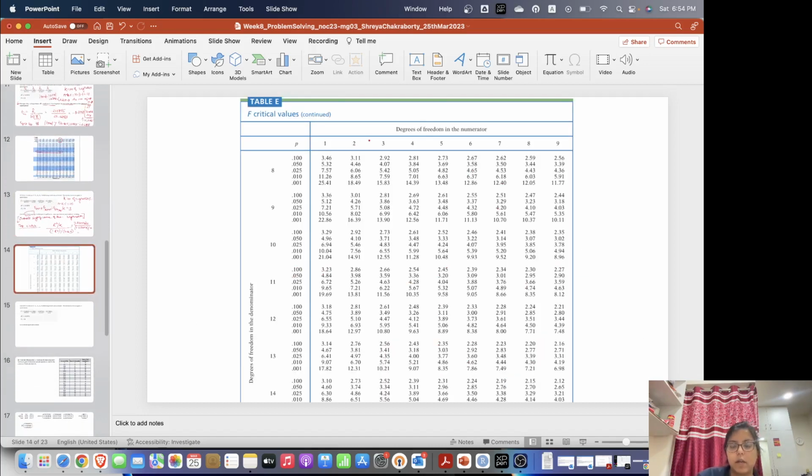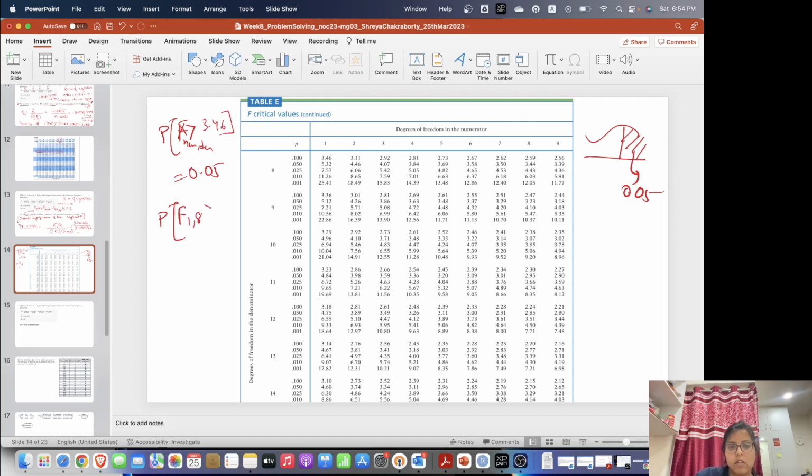These numbers are those cutoff points above which the area is 0.05.